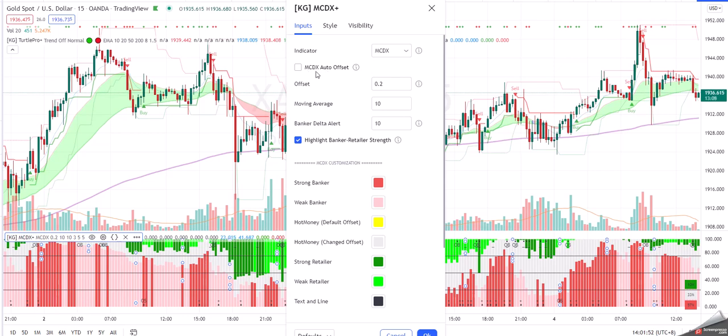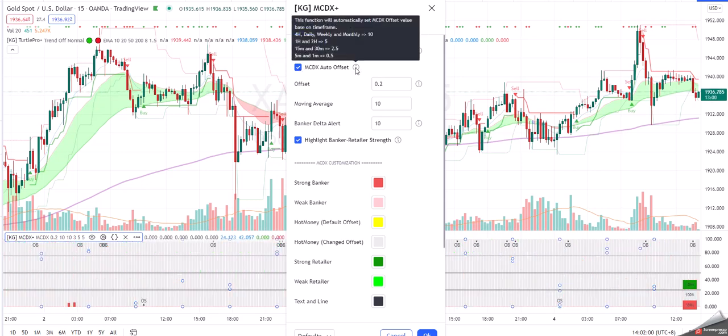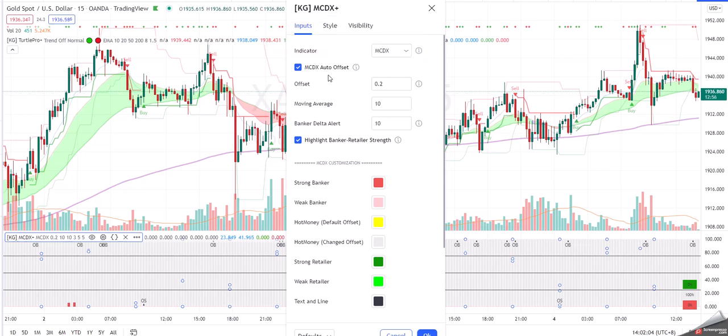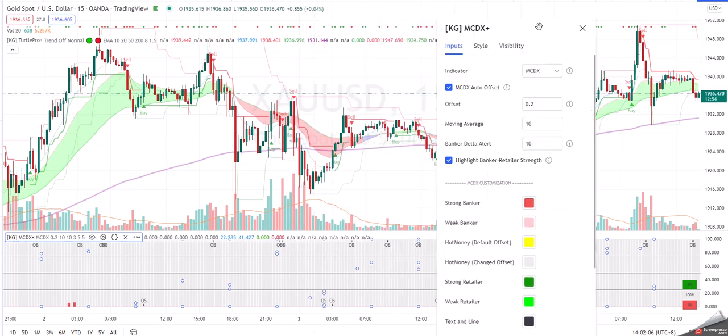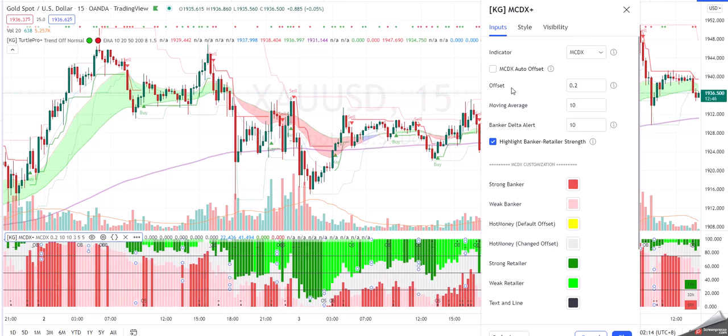Again, I recap. If you click auto, it will automatically adjust based on your time frame. But these settings are mainly designed for stock trading. So for Forex, you need to remove this and change the offset accordingly.